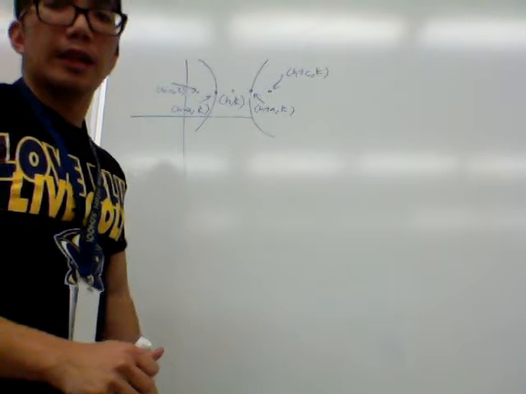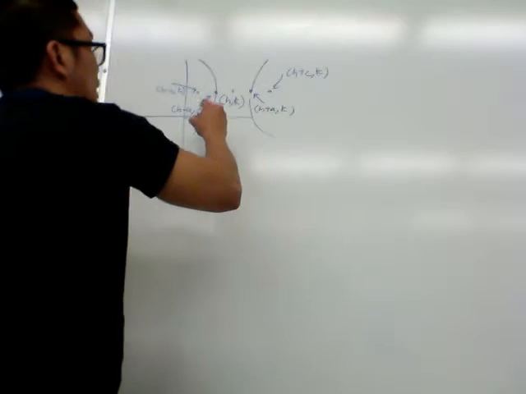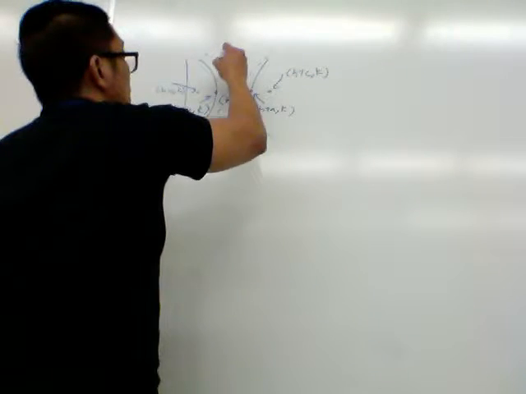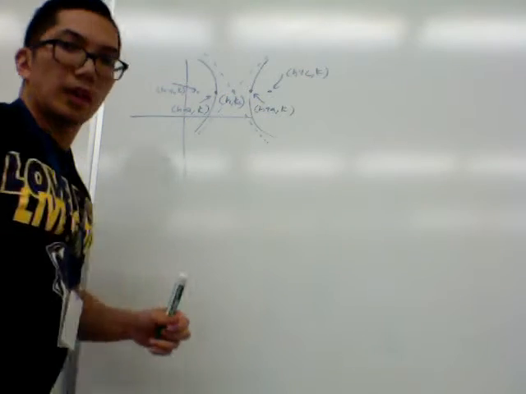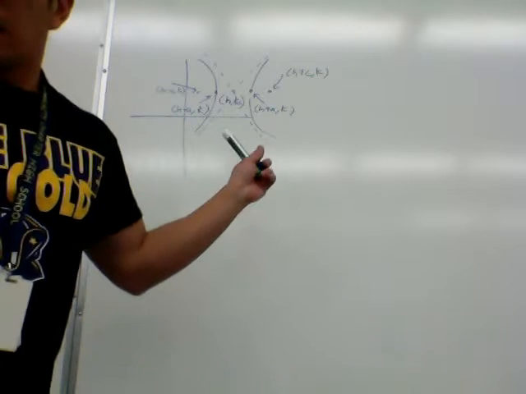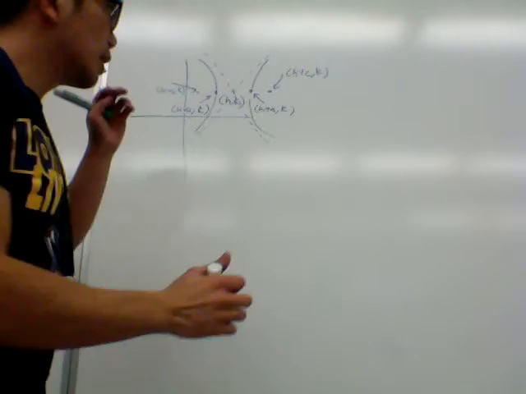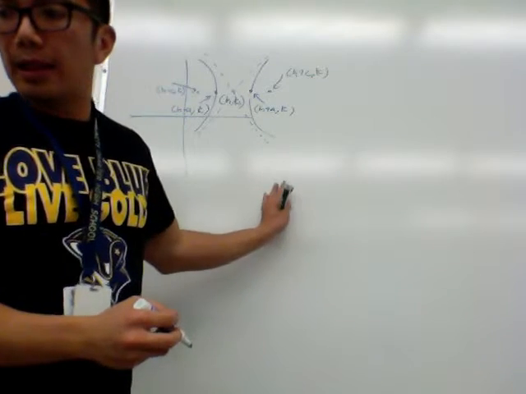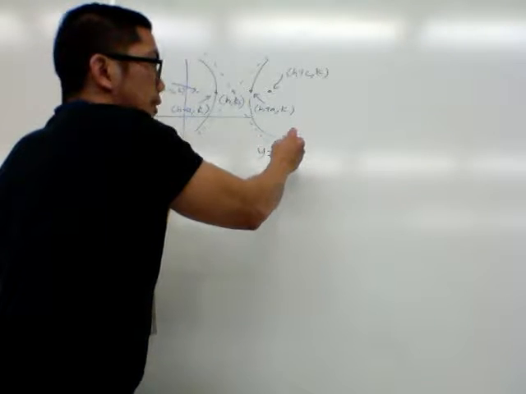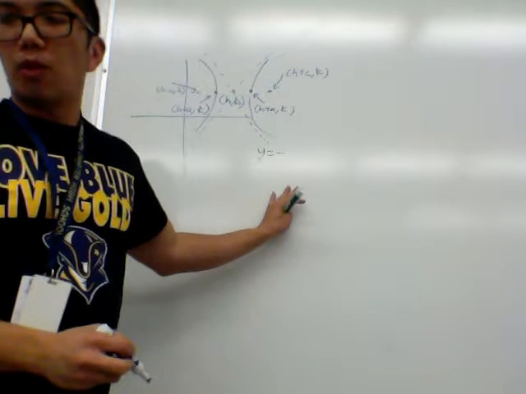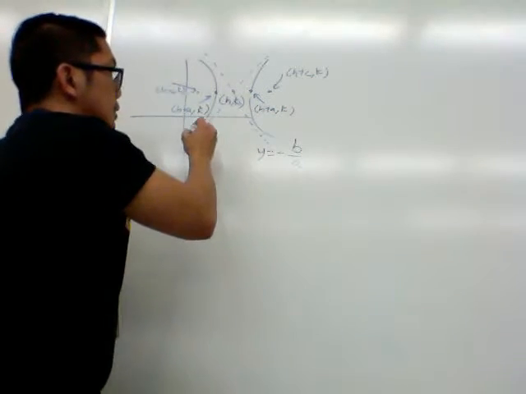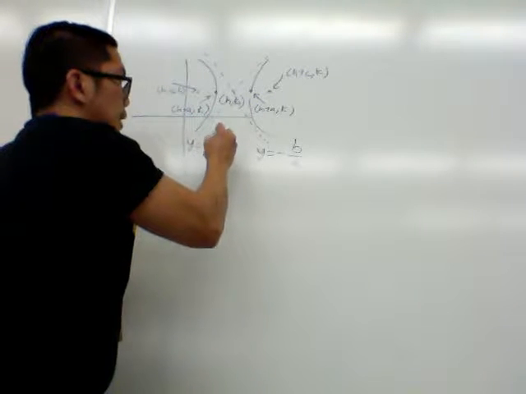Now, the asymptotes. Remember the asymptotes for this type of hyperbola, if it was centered at the origin, were y equals negative b over a x, and y equals b over a x.